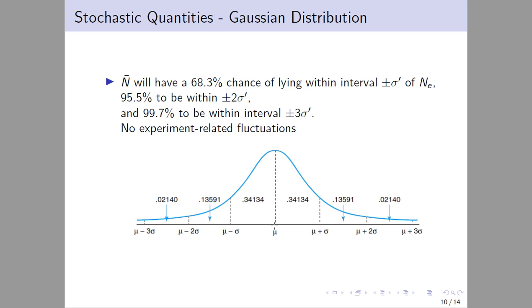Most of the radiation that we pass through the molecule is between, let's say, 24.5 and 25.6. And we have 95.5% within 2 sigma and 99.7% within the interval plus or minus 3 sigma.